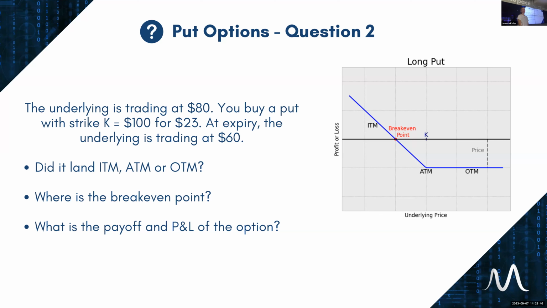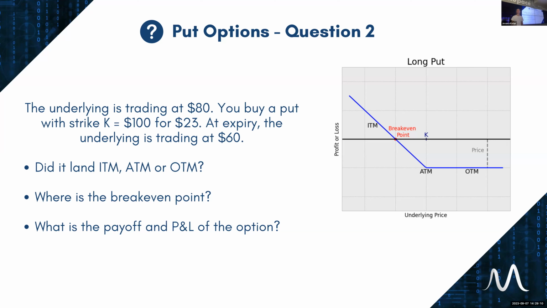In the money. Why? Because the underlying is less than the strike. Yes, that's correct. So here you would exercise the option and you get to sell for 100 instead of selling for 60. So where is the break-even point?